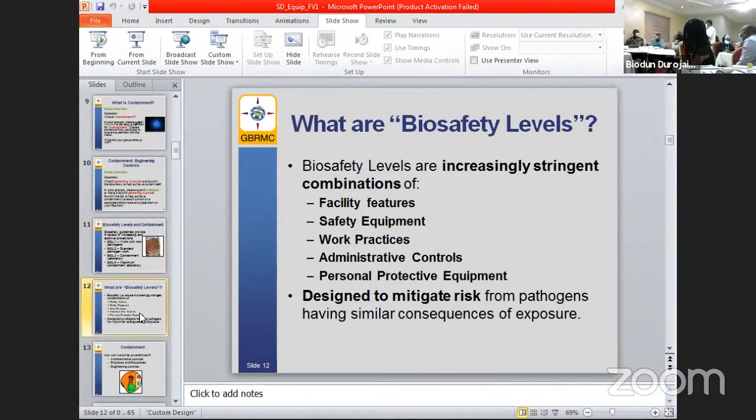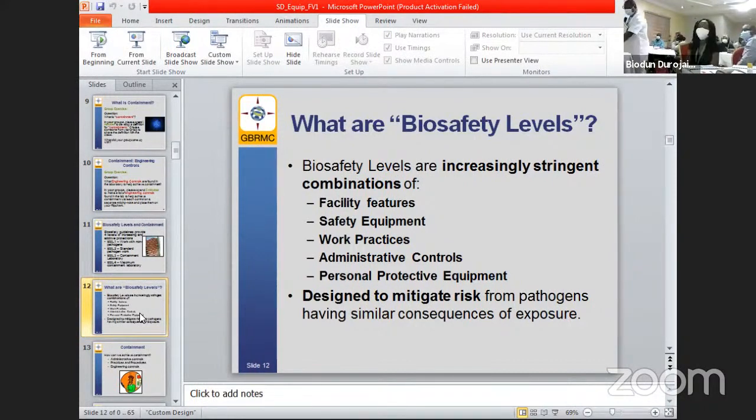So the animal containment levels are also recognized up to 1, 2, 3, depending on the organisms associated with such animals, related to what is to be contained. And that is it. Thank you.